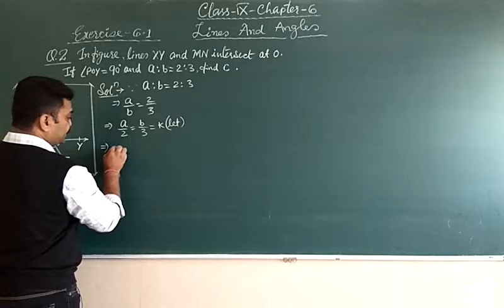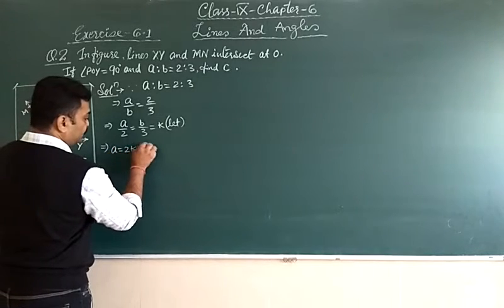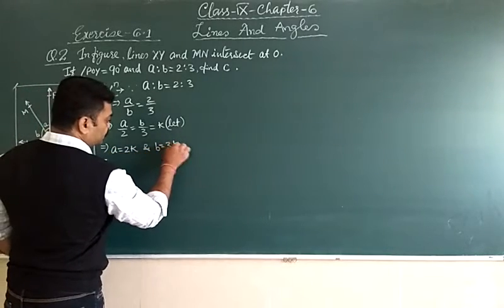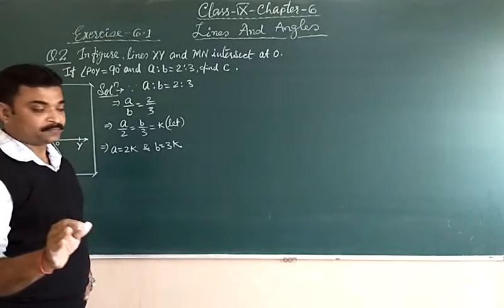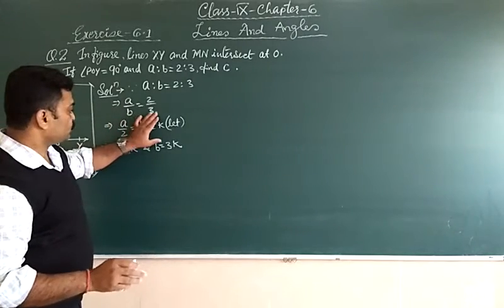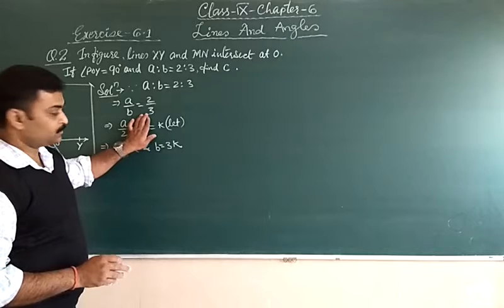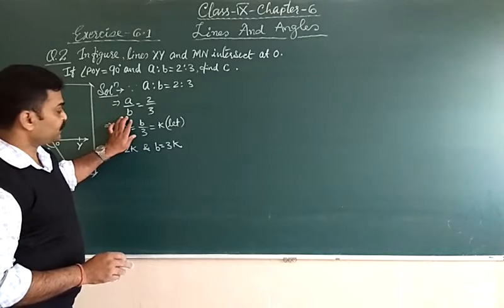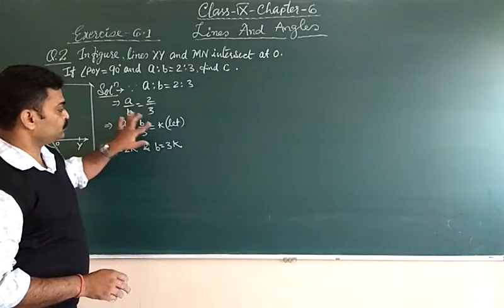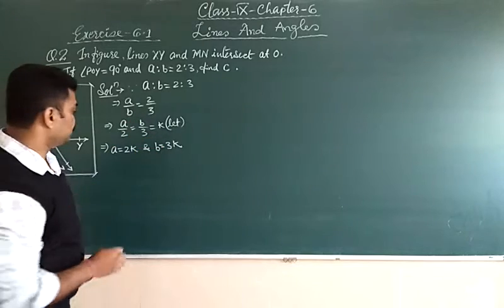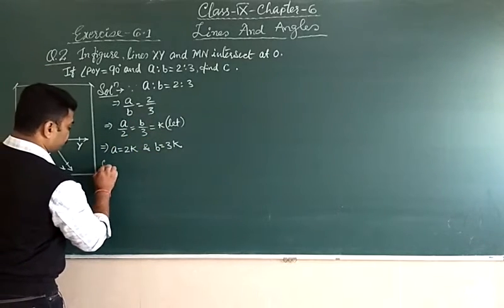This implies A is equal to 2K and B is equal to 3K. समझ आ रहा है? A upon 2 is equal to K, that means A is equal to 2K, and B upon 3 is equal to K, that means B is equal to 3 into K. Clear?